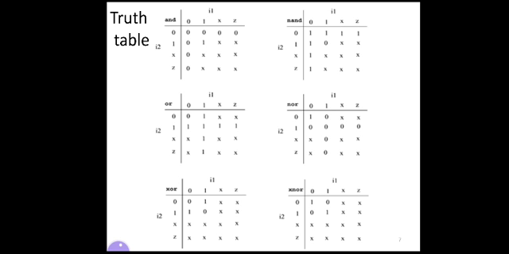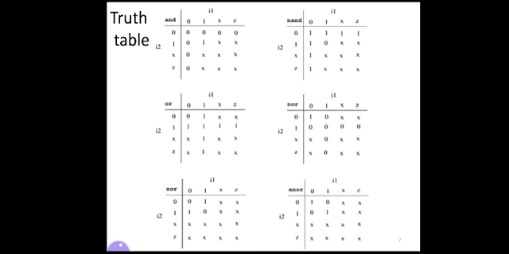Then the XOR gate. The definition for the XOR gate is, if you have an odd number of ones, then the output is high. Here it is a 2 input XOR gate. So if you have one input high and another input low, then the output will be high.